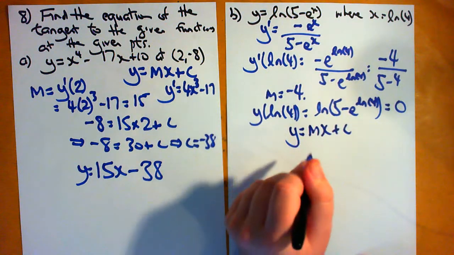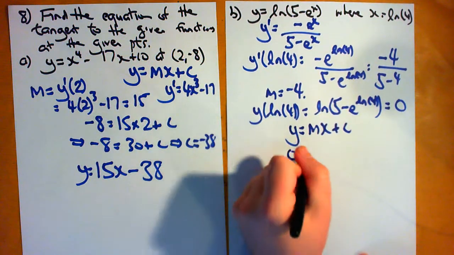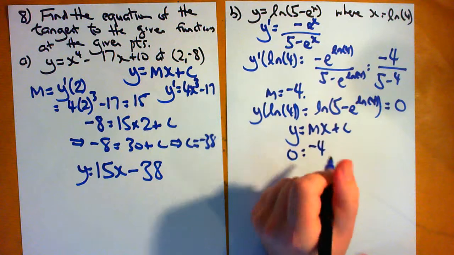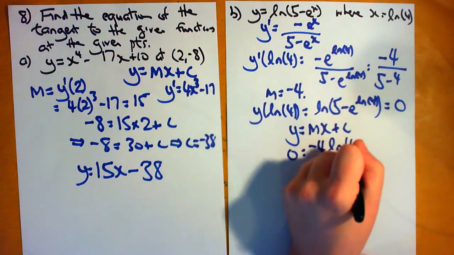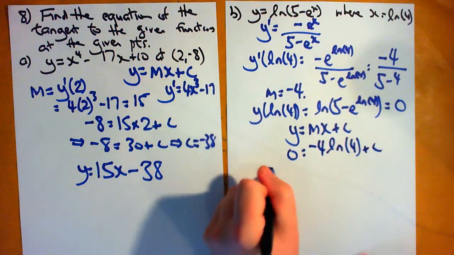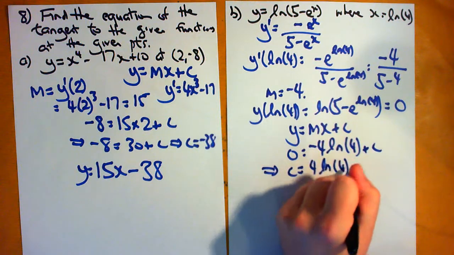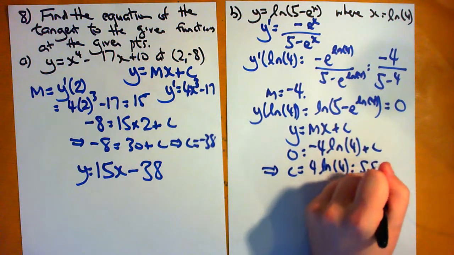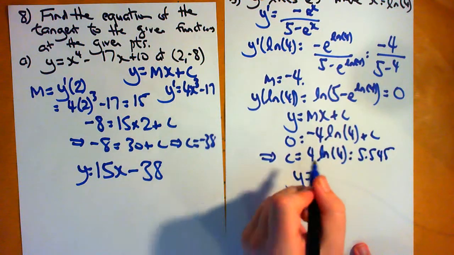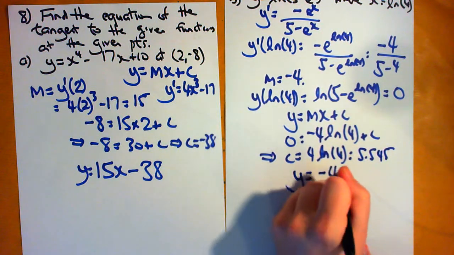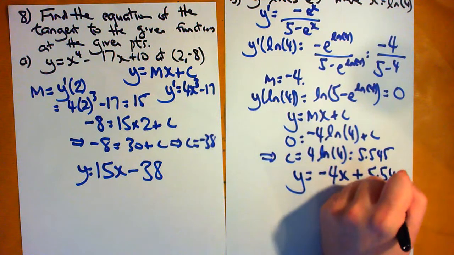So what do we know? We know that y equals 0 equals m, which was negative 4, times ln of 4 plus c. Therefore c is 4 ln of 4, which calculates to 5.545, and therefore your tangent line has equation y equals negative 4x plus 5.545.